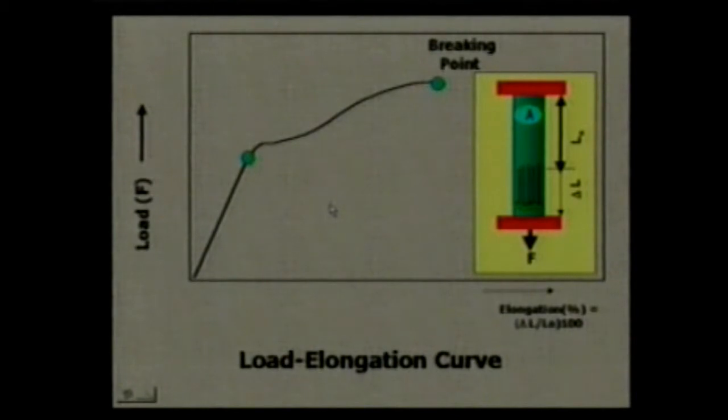And if you have this curve, despite the fact that you are given many numerical parameters, the curve by itself tells the whole story about the yarn or the fiber or the fabric. So it's extremely important, in addition to looking at the numerical values described in the tensile test, to also look at the behavior using the load elongation curve.